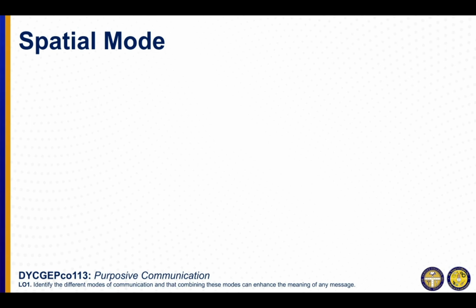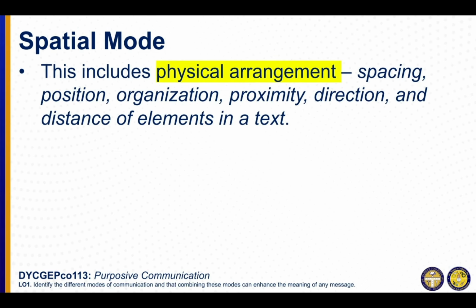Finally, we have the spatial mode, from the word space. This includes physical arrangement. Basically, spatial mode is about spacing of things, be it in your speech or in your writing. So it involves spacing, position, organization, proximity, direction, and distance of elements in a text.